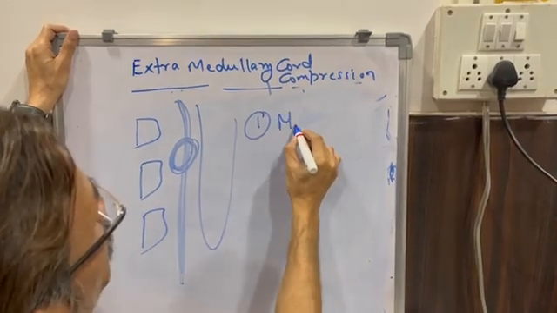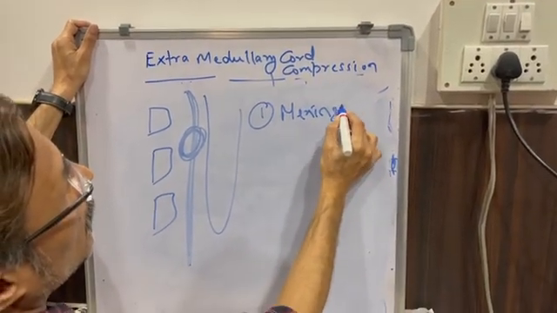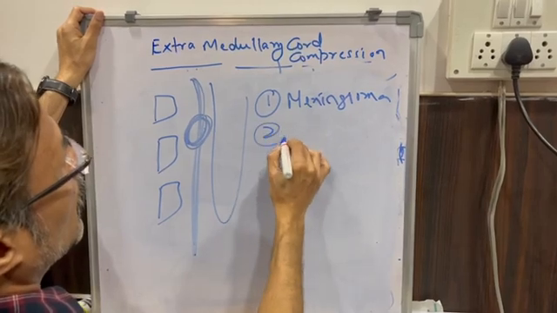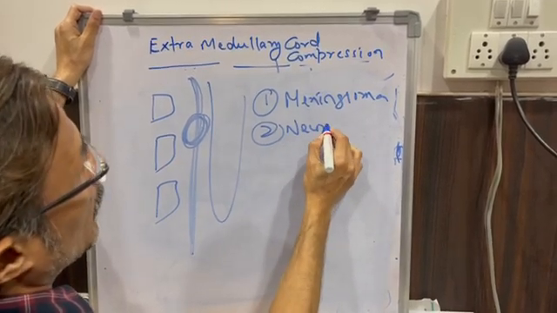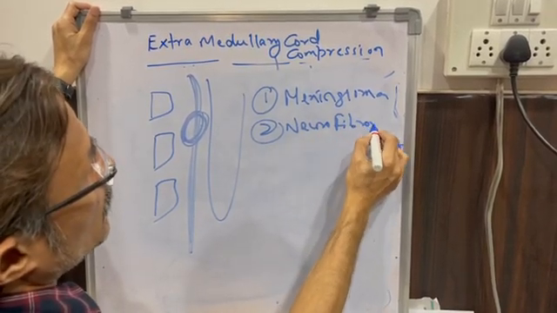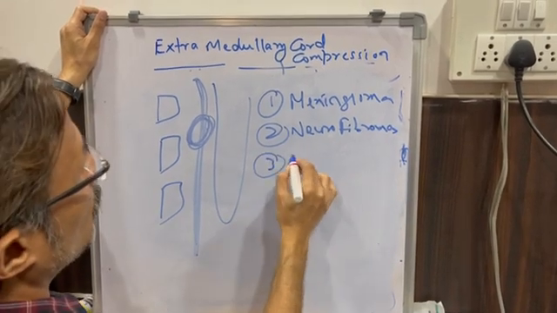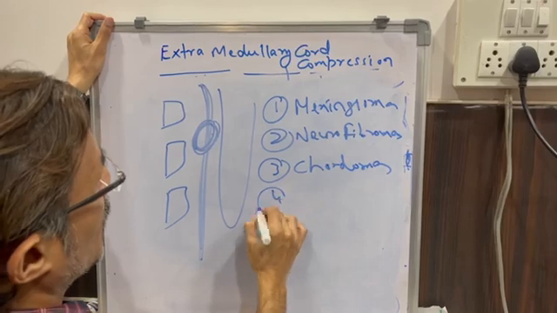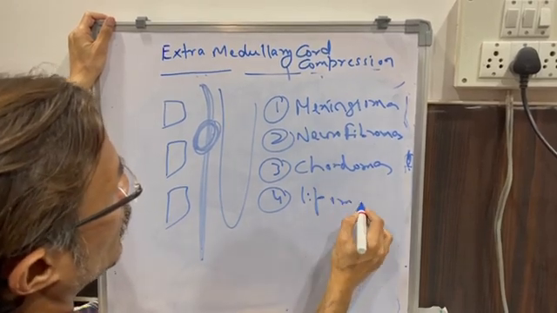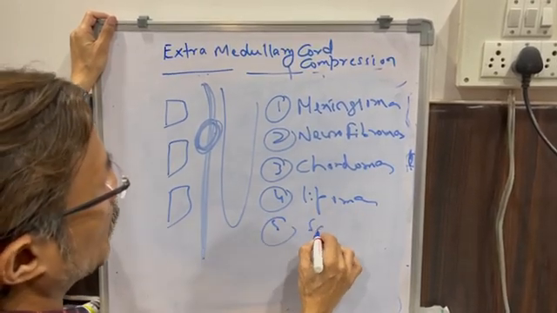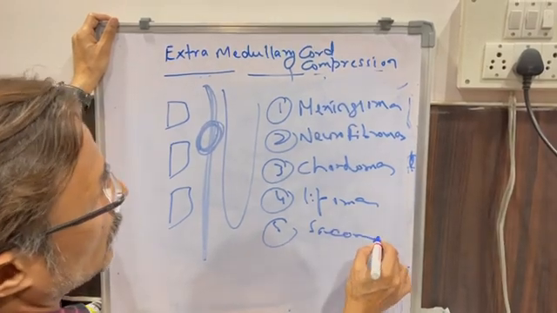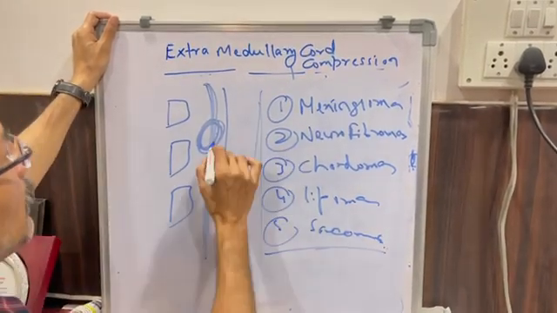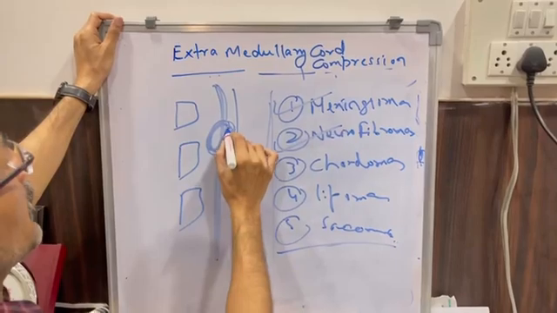Most common meningioma, neurofibromas, chordomas, lipomas, can be malignant sarcomas. These are the conditions that can cause, most commonly, neurofibroma, meningioma.